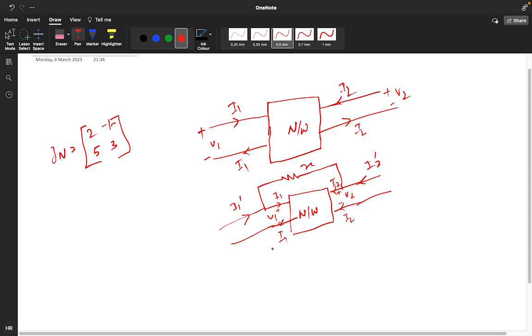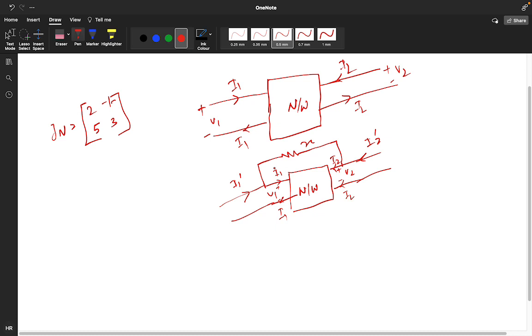Suppose you are assuming from here Ix current. Can anyone tell me what is the I1 dash value? I1 dash will be I1 plus Ix, am I correct? And what is the I2 dash value?